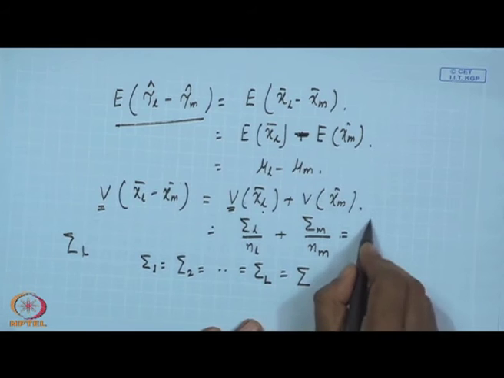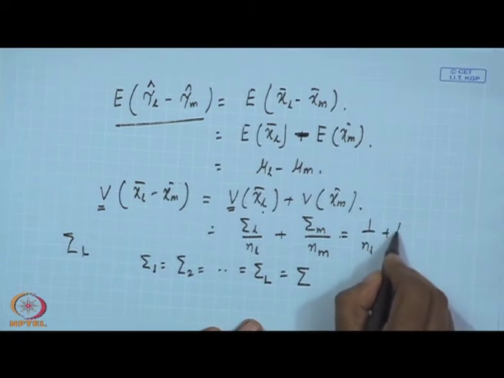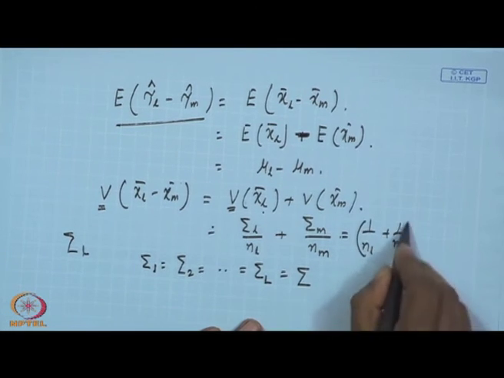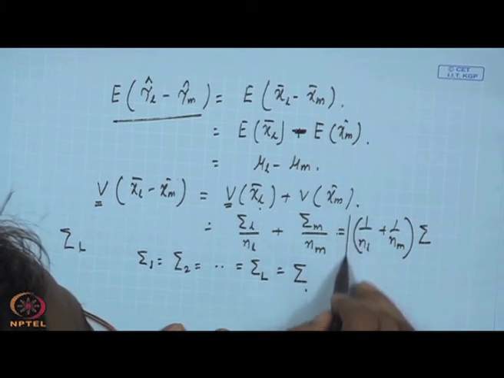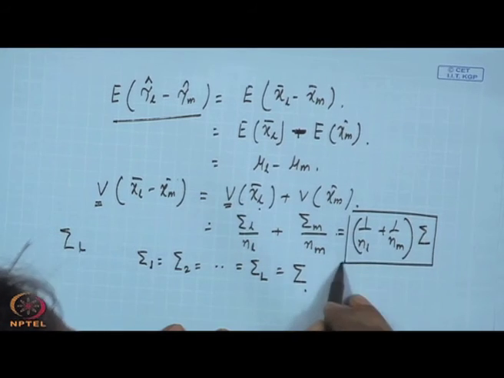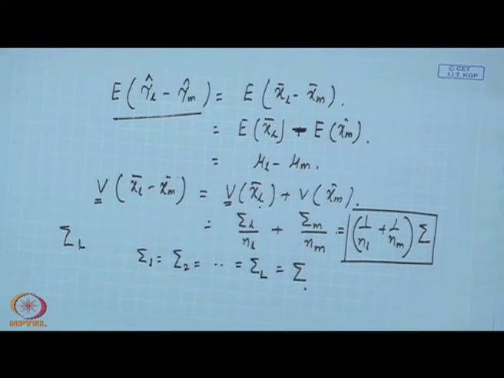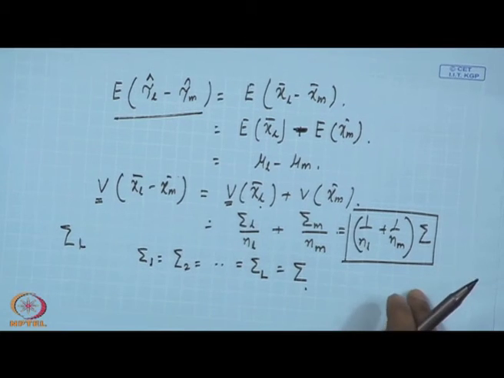So, then we can write this one as 1 by NL plus 1 by NM into sigma, because sigma L equal to sigma M equal to sigma, because all the populations have equal covariances. So, your variability part is taken care of by this covariance part. I think in Hotelling T-square time also you have seen this one.